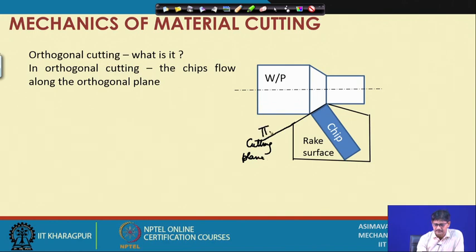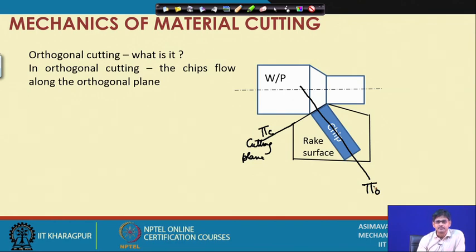This one, perpendicular to it and perpendicular to the reference plane, must be the orthogonal plane. So, I have drawn a figure in which I am claiming that the chip is coming out of the cutting zone by moving along the orthogonal plane.